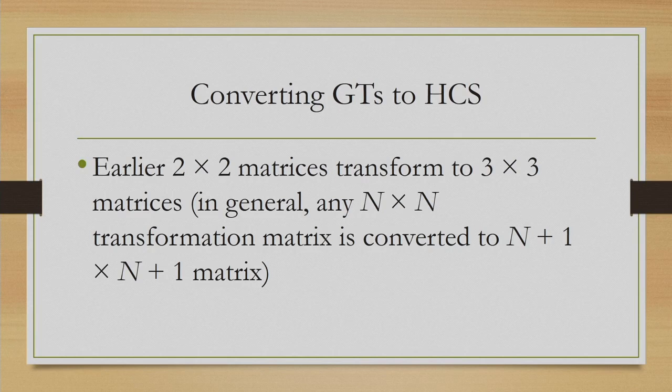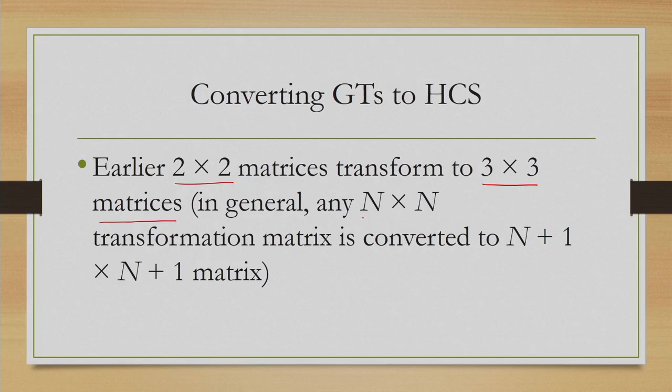Now, let us try to understand how we can convert these geometric transformation matrices into matrices in the homogeneous coordinate system. Earlier we had these 2 by 2 matrices representing the 3 basic transformations out of 4: rotation, scaling and shearing. As we have already mentioned, these 2 by 2 matrices will transform to 3 by 3 matrices in the homogeneous coordinate system.